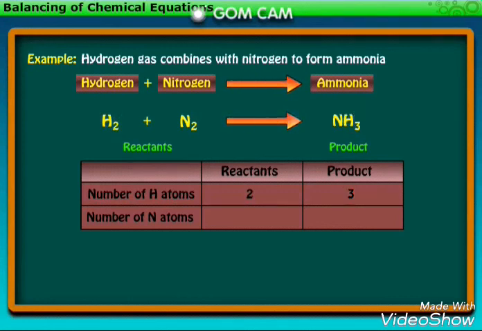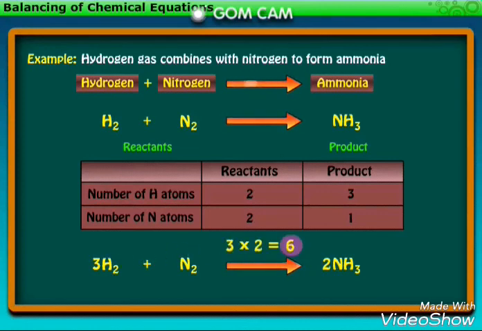And the number of nitrogen atoms in reactants is 2, but in product it is 1. To balance the equation, let us multiply H2 by 3 and NH3 by 2. So, we have 6 hydrogen atoms on both sides, that is, reactants as well as product.